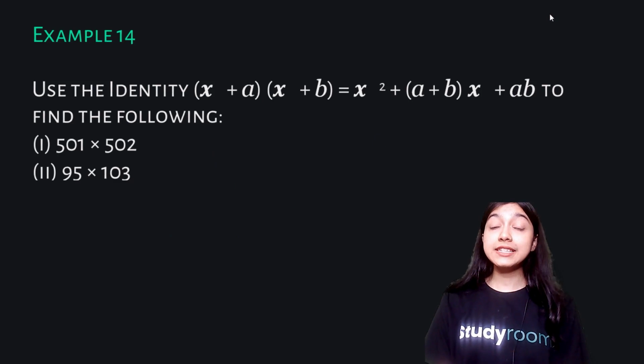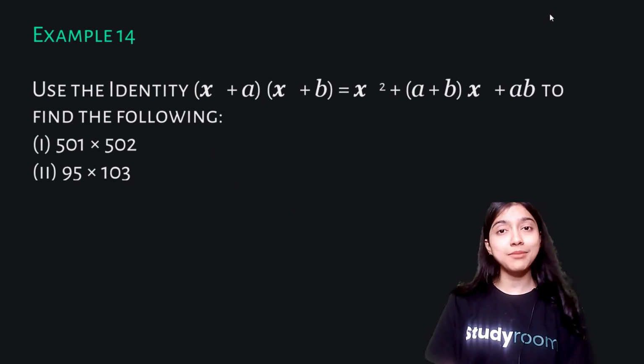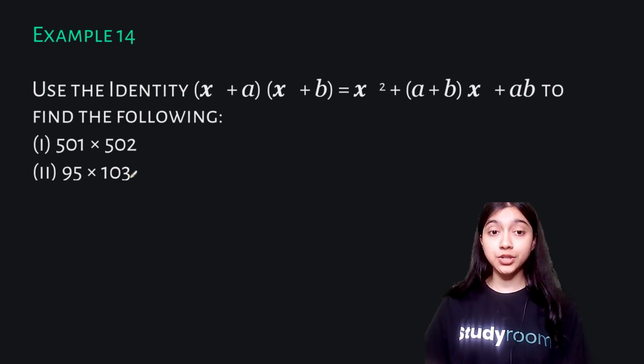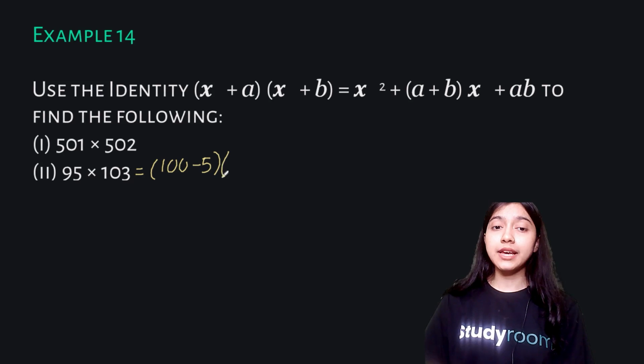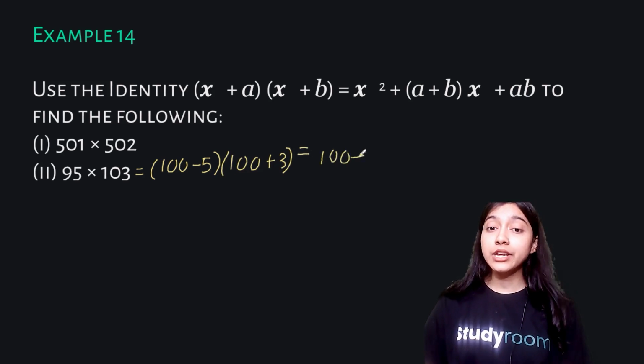Now using the same identity, we will solve another question. This is a bit different, but the same identity will be used over here. So here we have 95 into 103. 95 can also be written as 100 minus 5. And 103 can be written as 100 plus 3. Over here, we have to make a small change. That is, we have to write 100 minus 5 as 100 plus minus 5.